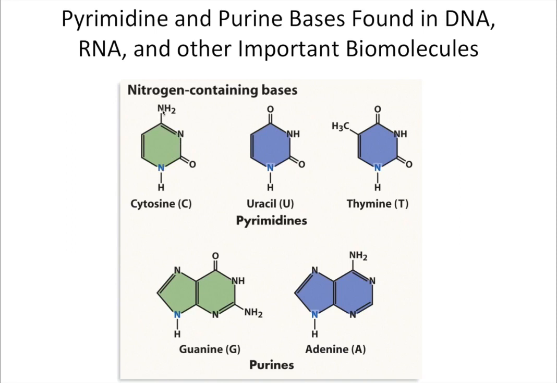You have the amine group coming off at the number 1 position here, and you have a ketone or a carbonyl oxygen here. You can see uracil next to cytosine. It's somewhat similar, except you don't have the amine group shown up here. You have a carbonyl group, and this doesn't have a double bond like cytosine does here.